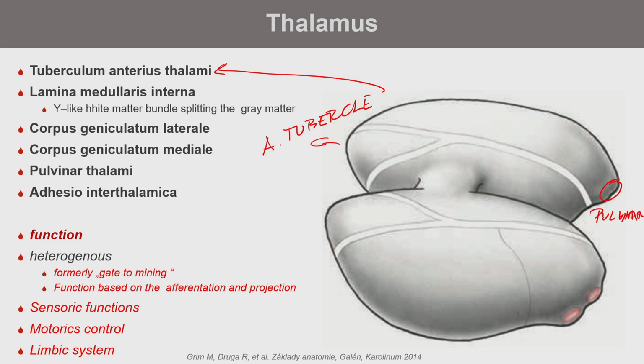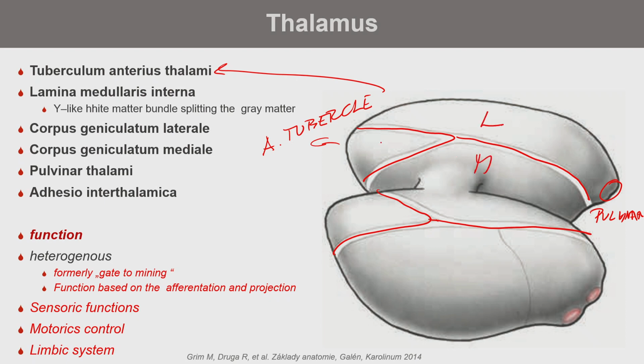Through the thalamus we can see some ypsilon-like structure on each side, and this ypsilon-like structure is called lamina medullaris interna, internal medullary lamina. This is splitting gray matter of the thalamus in three sectors: lateral, medial, and anterior.